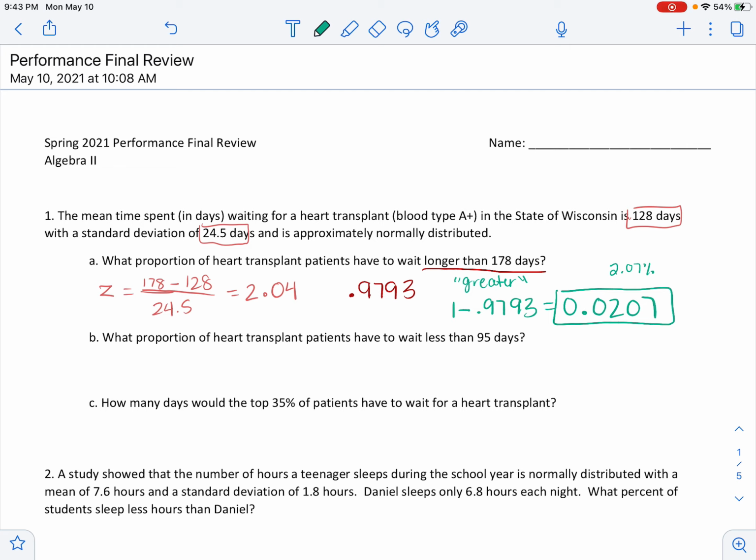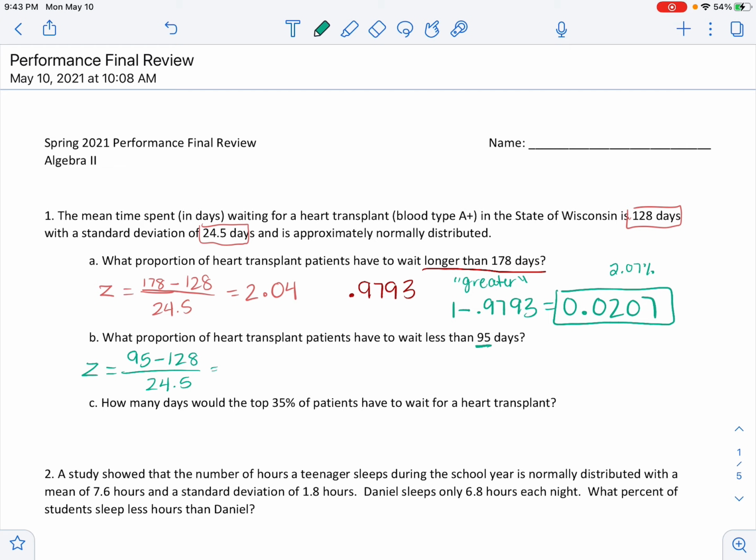All right, B, what proportion of heart transplant patients have to wait less than 95 days? All right, this time the value that we want is 95. So when I do my z-score, z equals the number I want, 95, minus the mean, 128, divided by the standard deviation. So I'm going to plug it in, starting with the numerator and dividing by that denominator.